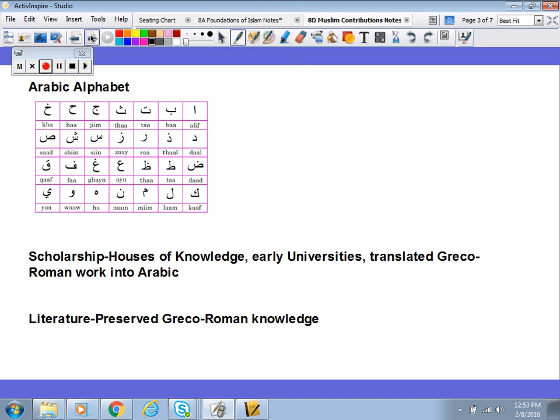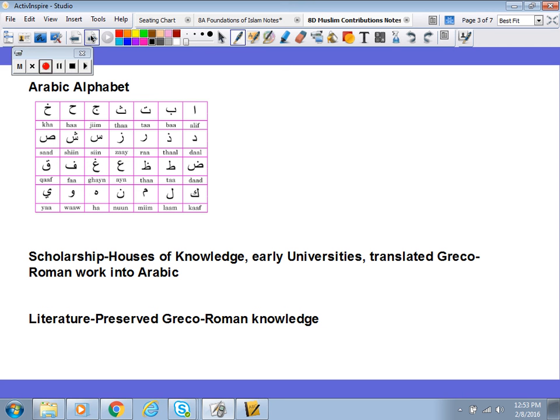Scholarship, contributions we're going to have from the Muslims in scholarship, is they develop these things that they call their houses of knowledge, which become the foundations for early universities. And the work that is done in these houses of knowledge is they translate Greco-Roman work into Arabic. So they take the works of Ptolemy, the teachings of Socrates, of Plato, of Aristotle.